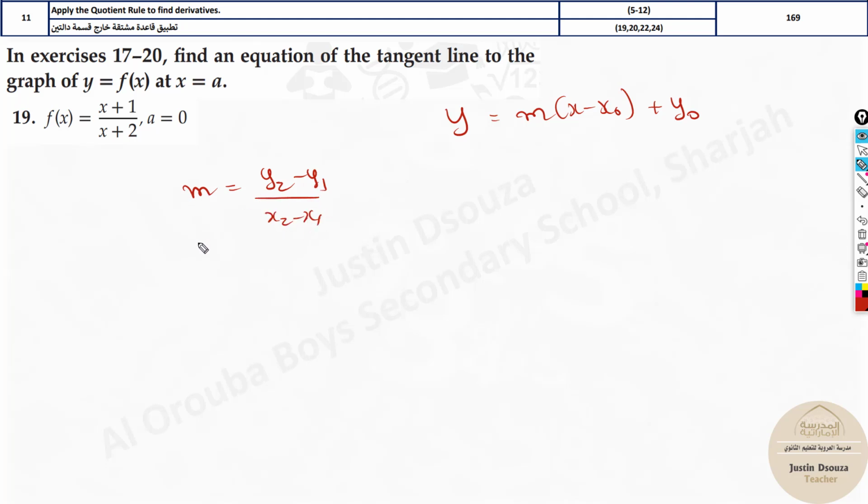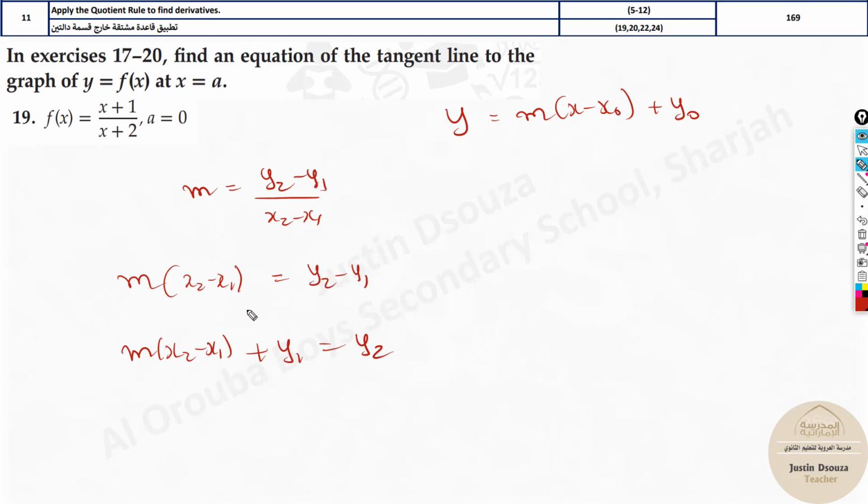Now take this denominator to the other side, it becomes m into x2 minus x1 equals y2 minus y1. Now this negative y1, take it to the other side. First, it'll be m into x2 minus x1 plus y1 equals y2.